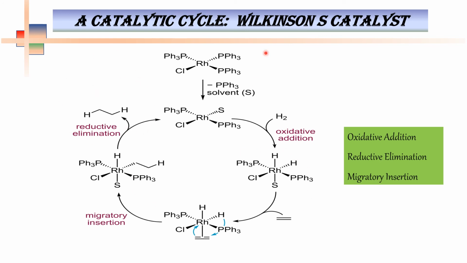That means Wilkinson's catalyst is utilized for the hydrogenation of alkenes. The basic mechanistic pathway follows several steps, at the beginning of which is the dissociation of phosphine. As I mentioned earlier, the phosphine plays a very vital role in activating the catalyst. However, that activated catalyst follows several pathways which involve oxidative addition, migratory insertion, and reductive elimination.